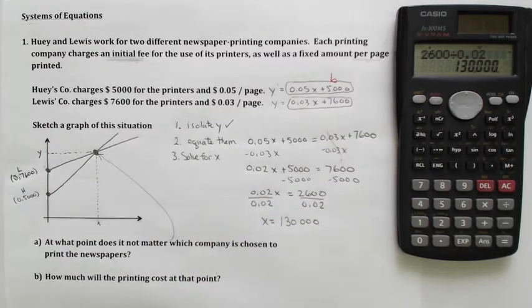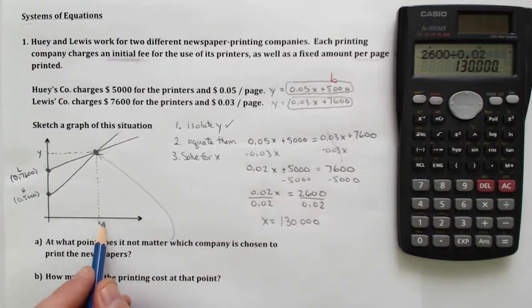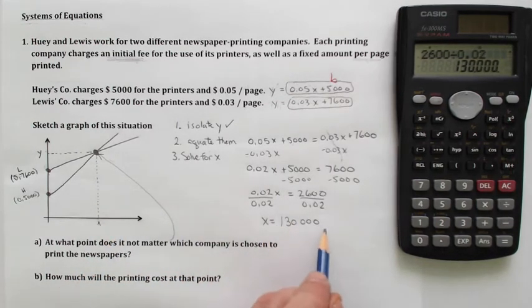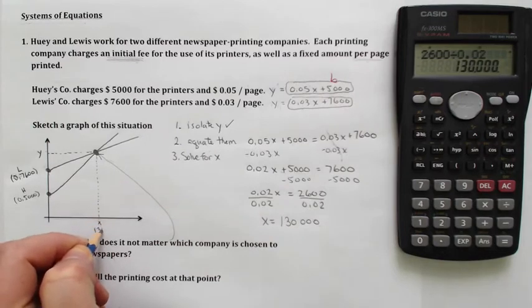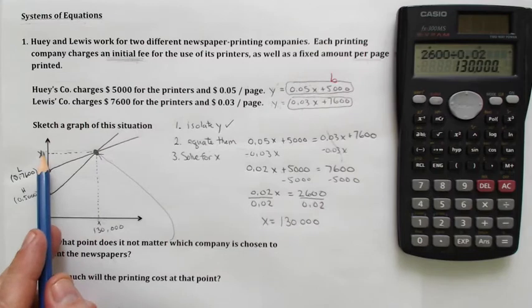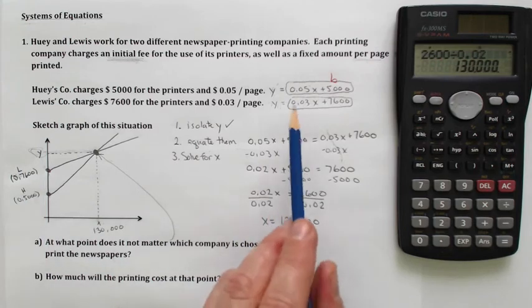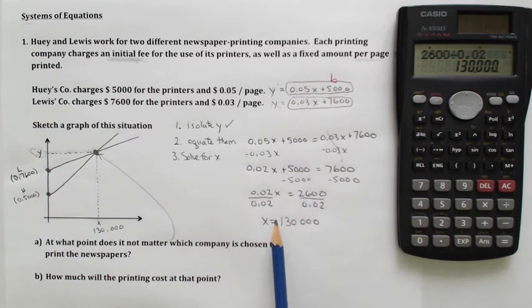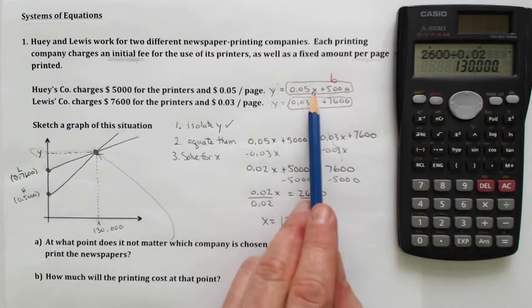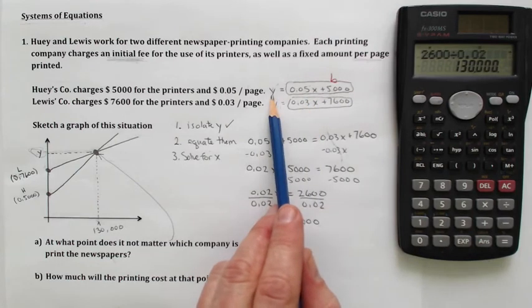So 130,000 pages, x is pages printed, is how many pages will be printed by both companies when they charge the same. The question is, how much are they charging for those 130,000 pages? What is that y? Well, how do we get that? Well, we have equations and we have an x. So if we put the x into one of those 2 equations, we should get the corresponding y.